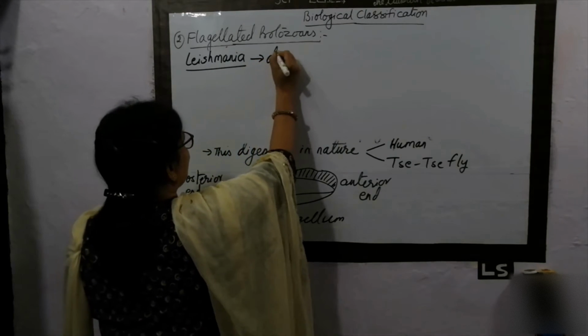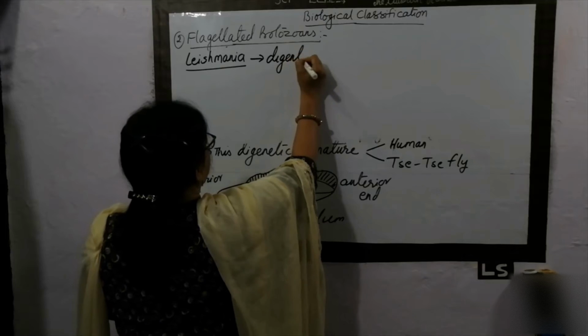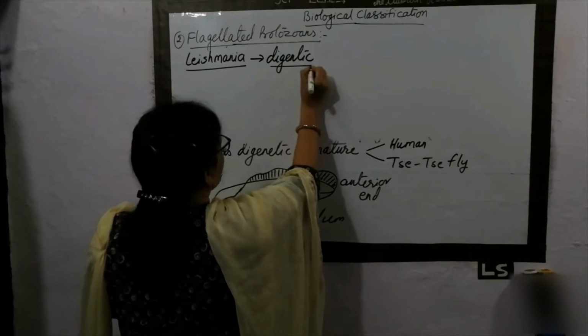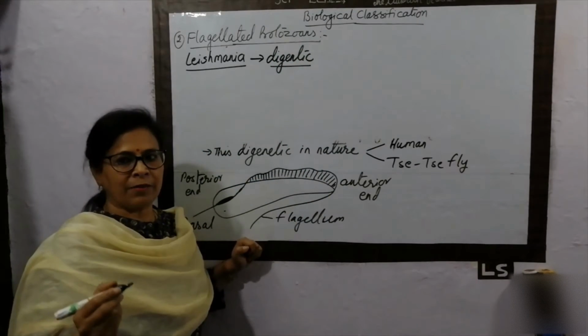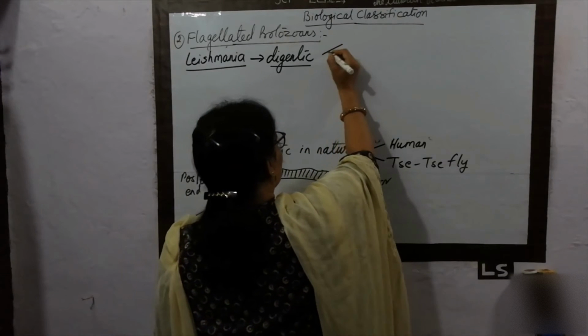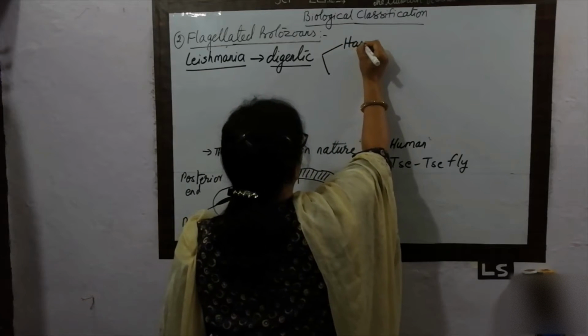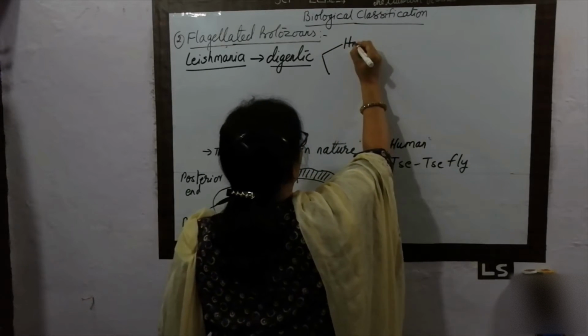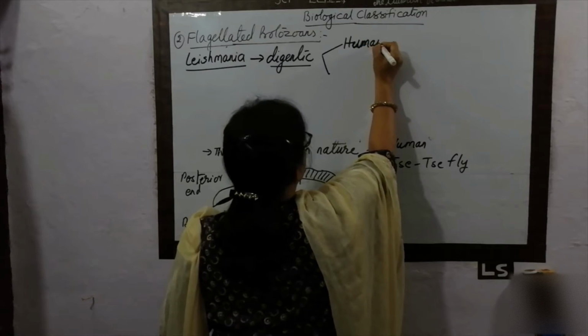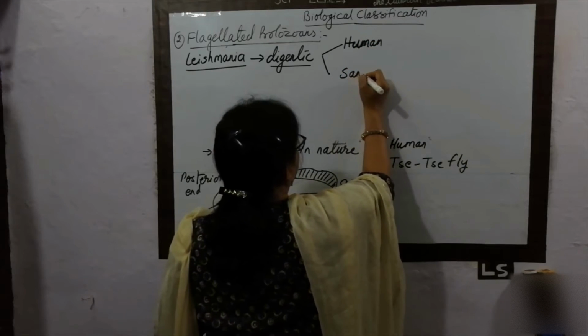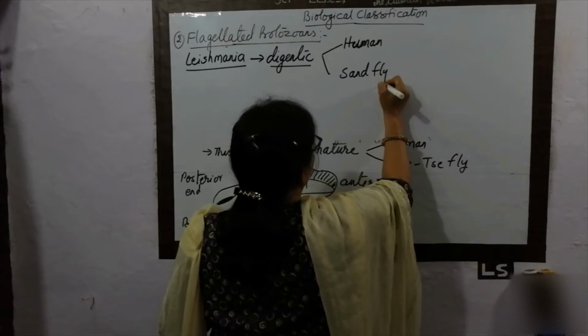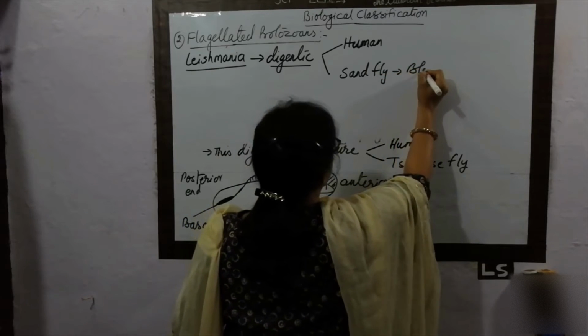It also needs two hosts to complete its life cycle. One host is the human, where it gives the disease, and the other is the sandfly. Sandfly is also called the blood-sucking fly.